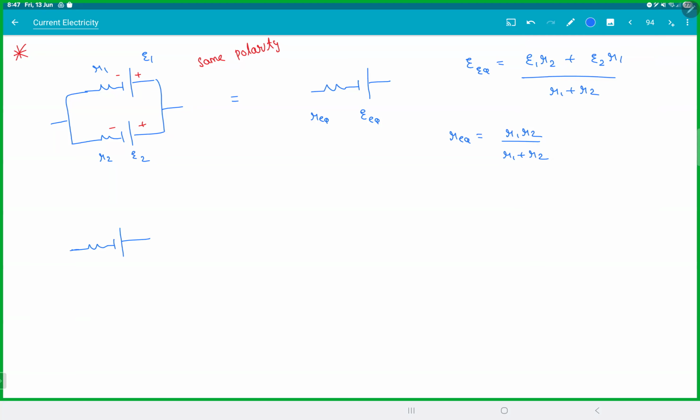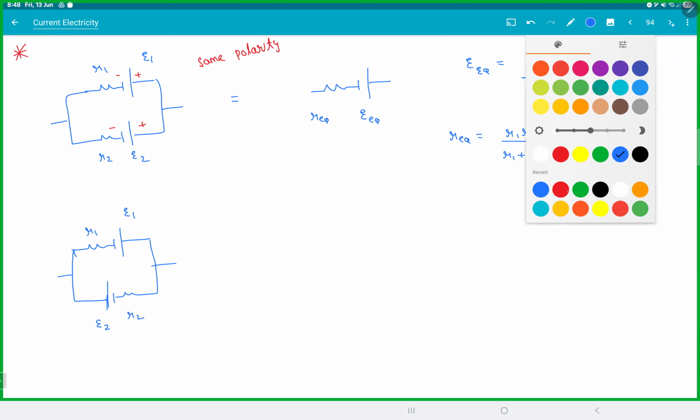If you reverse one of the batteries, reverse polarity, R1, E1, E2, R2. This actually comes from the previous formula only, but only for two batteries. It resolves like this. If you put three batteries, the formula doesn't come like this.